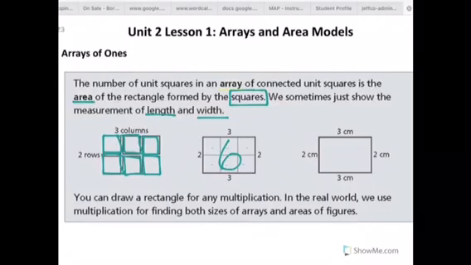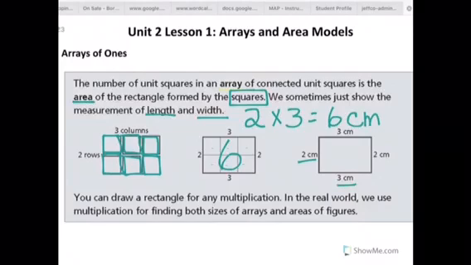I can also show it without anything in the middle. This is still a 2 by 3. So I know that a 2 by 3 rectangle has an area of 6 square centimeters.